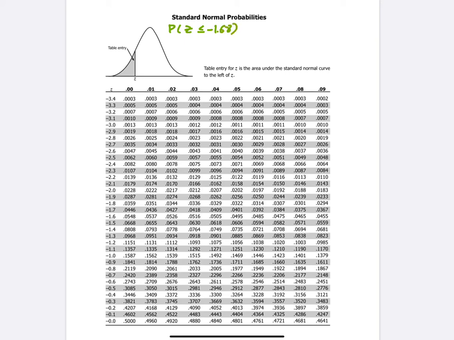So if you were to draw the probability density curve, if this is 0, then negative 1.68 is, let's say, right over here. So we're interested in the shaded area.